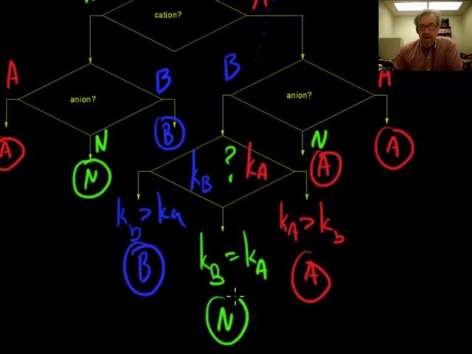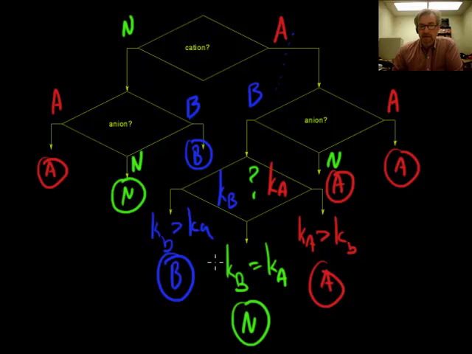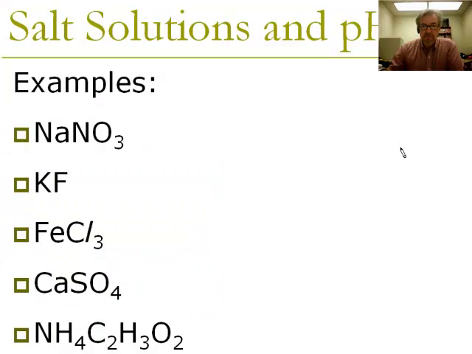So these are all the possibilities that could possibly arise when you throw a salt in water, because it will have a cation and an anion, and the combination of their two effects will be the effect on the overall solution. So let's look at a few examples.